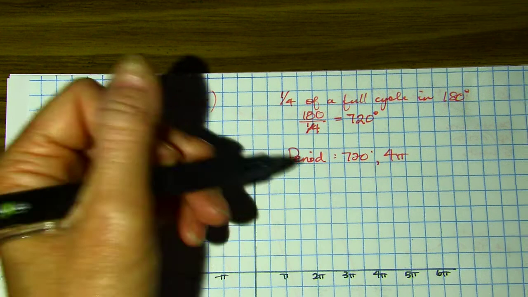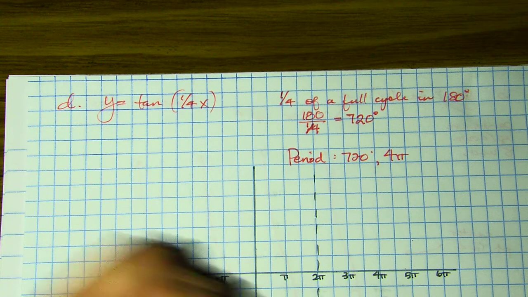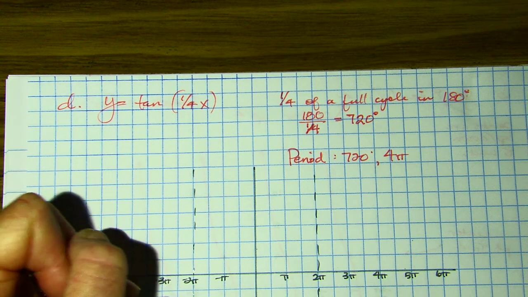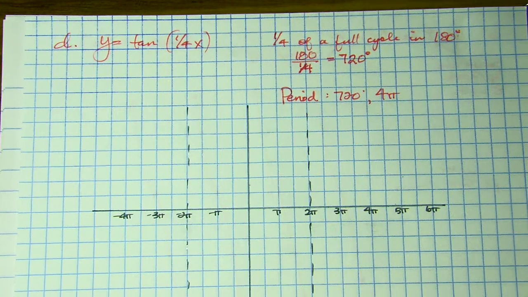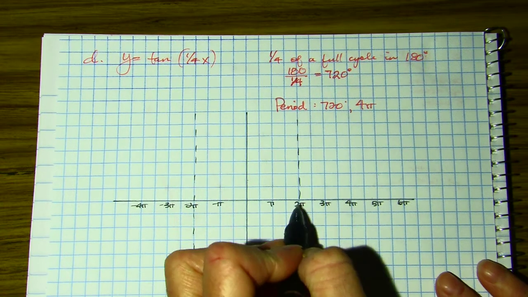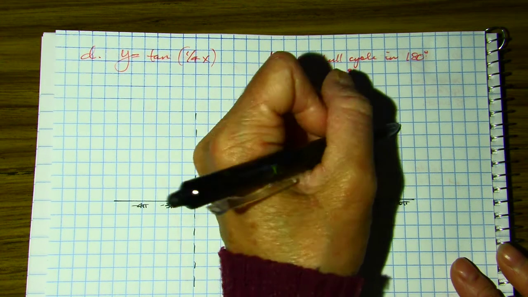And so on. So for me to have a full cycle of 4 pi, it would be 2 pi to the right and negative 2 pi to the left. So it's going to take a much bigger space to complete one cycle. So the next cycle is 4 pi away. So 2 plus 4 pi is all the way to 6 pi.